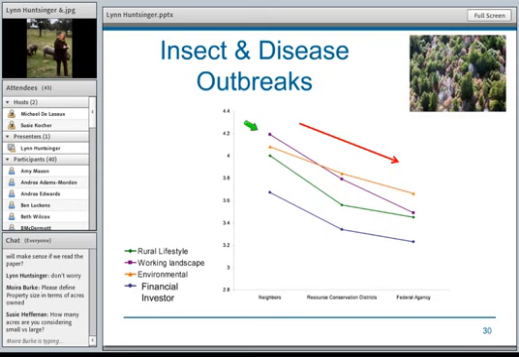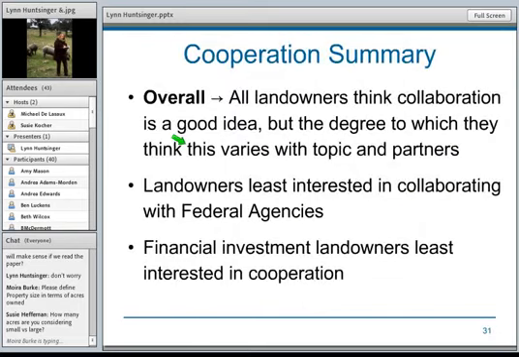See that decline again. With working landscapes, people most interested in insect and disease outbreaks. And, you know, it makes sense because those are probably most threatening to their way of life since it involves using the land to make an income. Environmental, again, up here, and again, financial investors least interested in cooperative management.